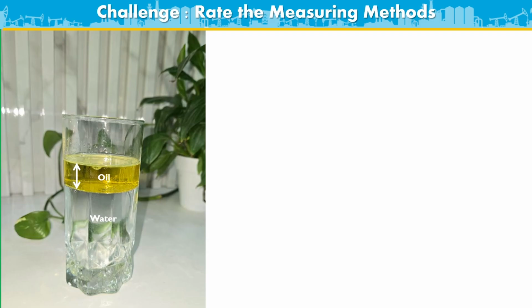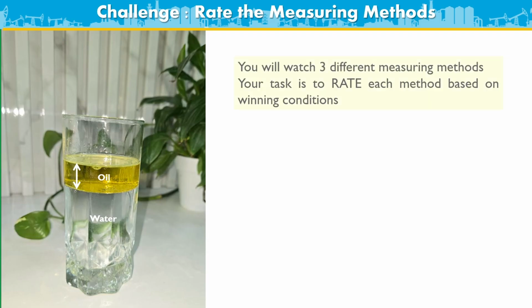Instead, I will show you 3 different measuring methods that could be used to measure the amount of oil in this glass. Your task will be simply to observe each method, and you will need to rate each method on 3 criteria, which I call winning conditions.